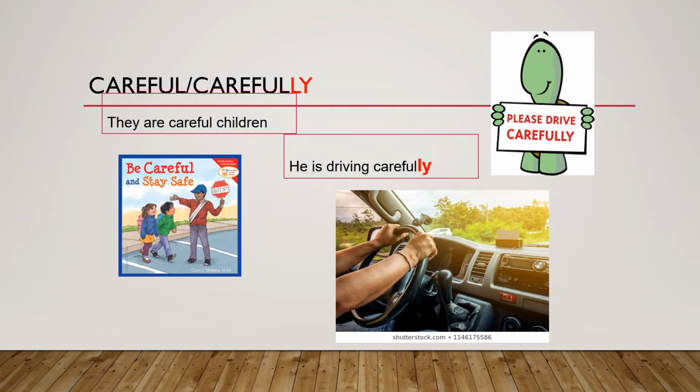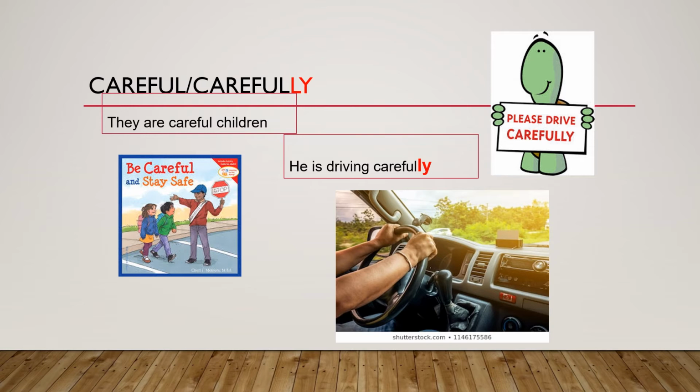Now, here we're going to have this little activity in which you will be able to tell the difference between whether it is an adjective or an adverb. Careful, carefully. Take a look at the first picture, where there is a man helping two little children cross the street, and the poster says, "Be careful and stay safe."